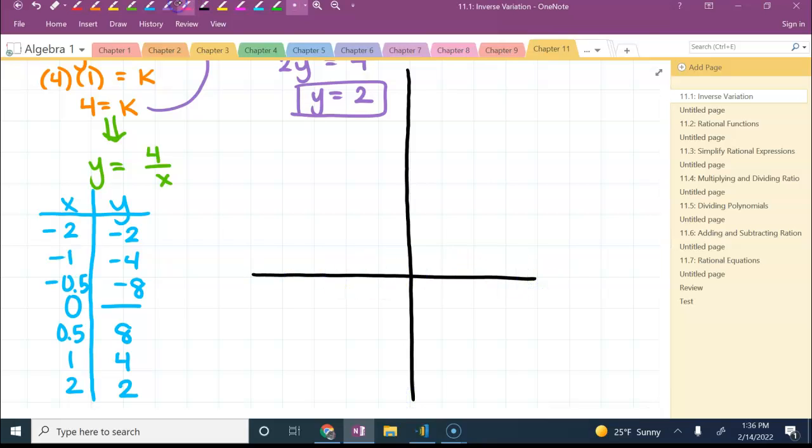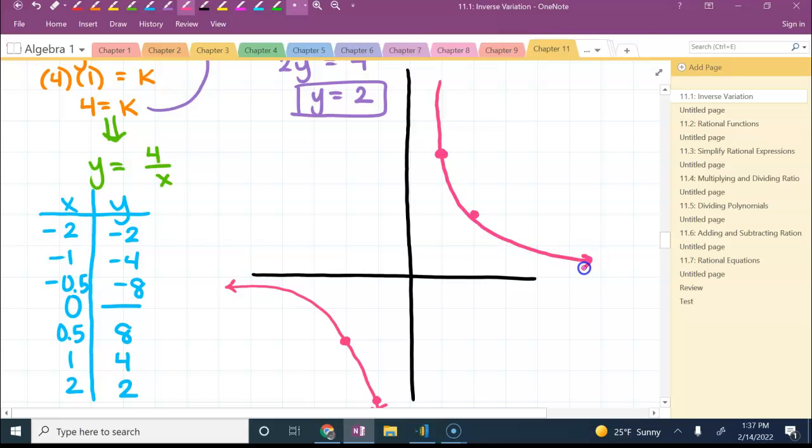And then for your graph, again, I don't have space to do the negative 1/2 and 1/2 at 8 on mine, so I'm just going to do those first 2 points and sketch in my graph. So that's what that should look like.